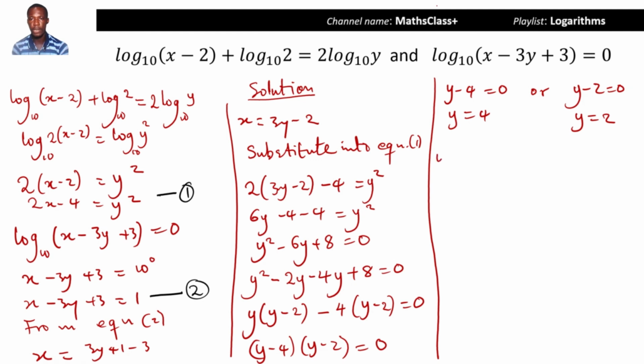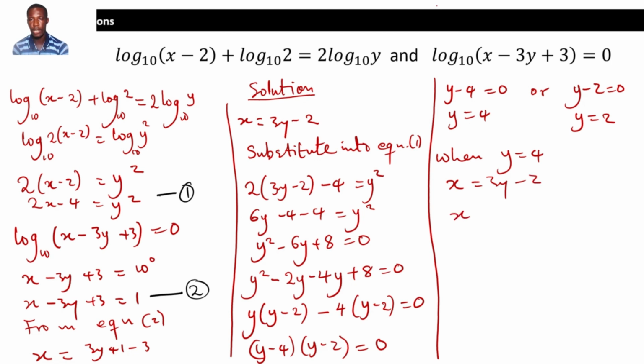Now when y is 4, what will the value of x be? So we are substituting into the expression x is equal to 3y minus 2, and that our x will be 3 times 4 minus 2, which is 12 minus 2, and that's 10.